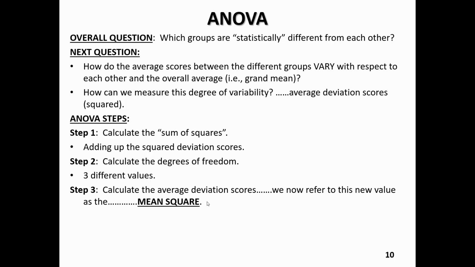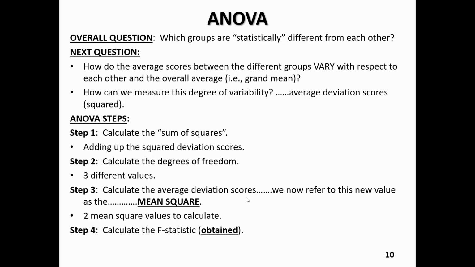So once again, slide number 5, review those steps on how to get to a variance in a general way, and then we'll make it more specific here with ANOVA. Now with the mean square, there are 2 mean square values that we will need, and we'll get to that.